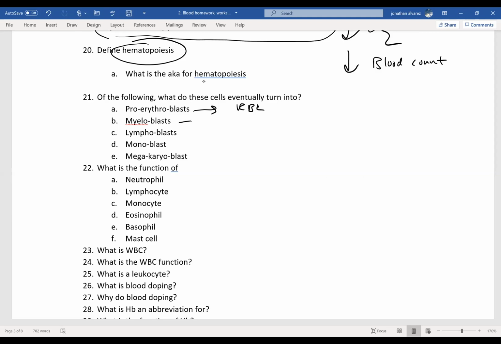The myeloblasts eventually turn into the granulocytes, which are the basophil, eosinophil, and neutrophil.